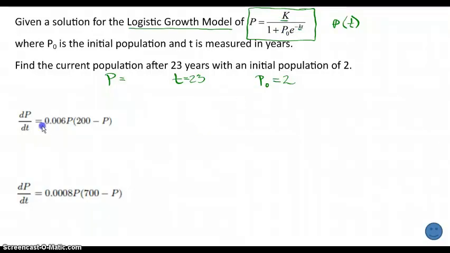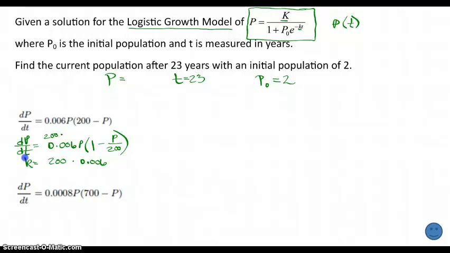So again, we need to change dP/dt, that's 0.006P. We need to factor that 200 out front, so it's 200 times that, 1 minus P over 200. So now we have all the players, because 200 times 0.006 is actually little k, and we can see big K is 200.